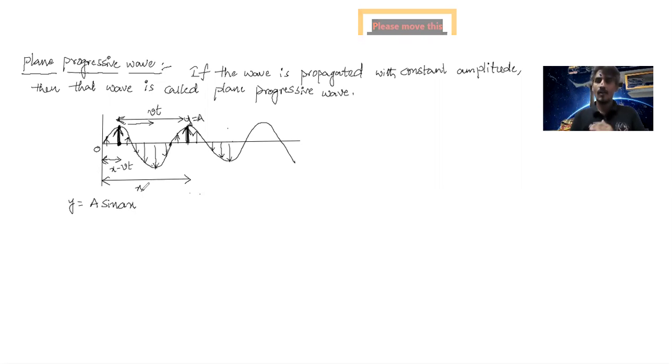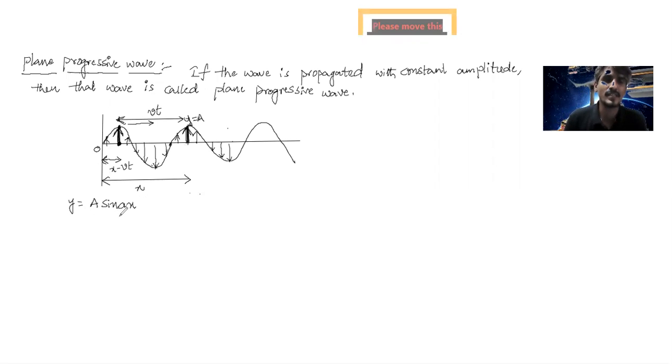It is similar to the graph of sine theta versus theta in mathematics. If along the y direction we consider sine theta, and along the x direction we consider theta, the same type of graph will be formed. That's why along the y direction we are taking y. Y is the displacement of the particle along the y direction, which is equal to a sine ax.